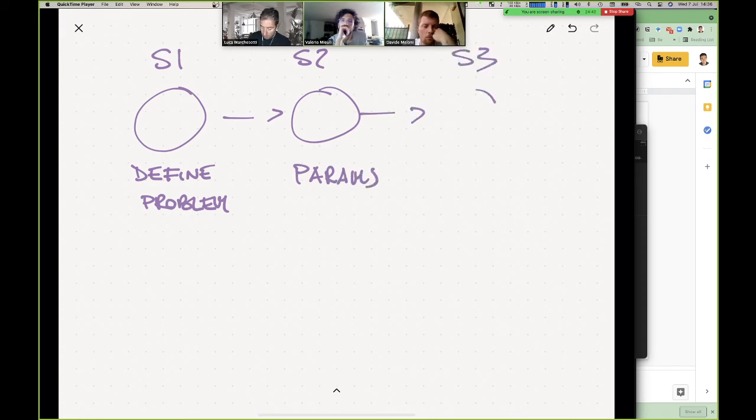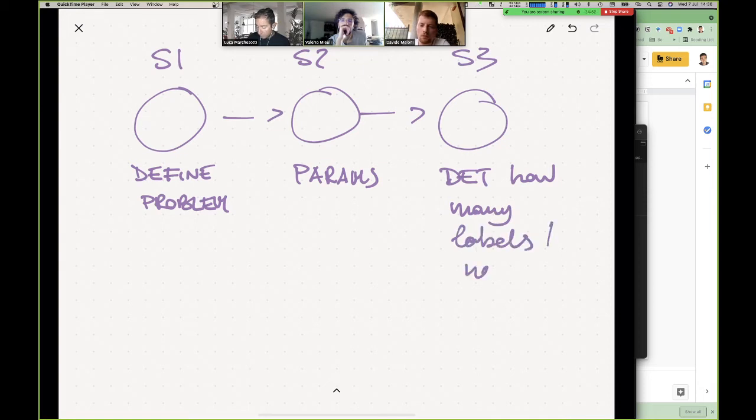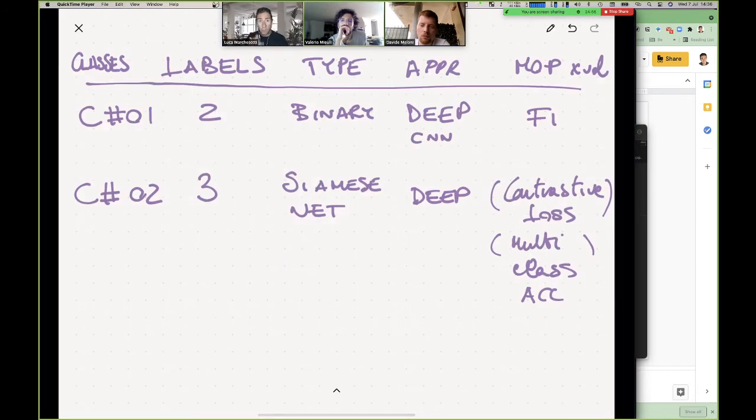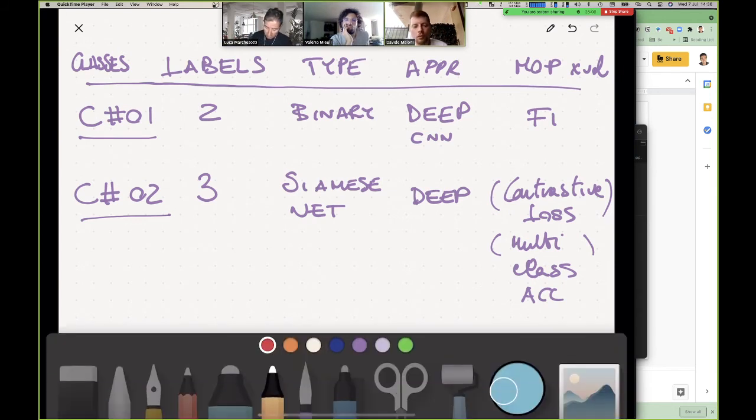Step 3, determine how many labels I need, right? For instance, what is the most difficult problem, C1 or C2? C2 is the most difficult, right?